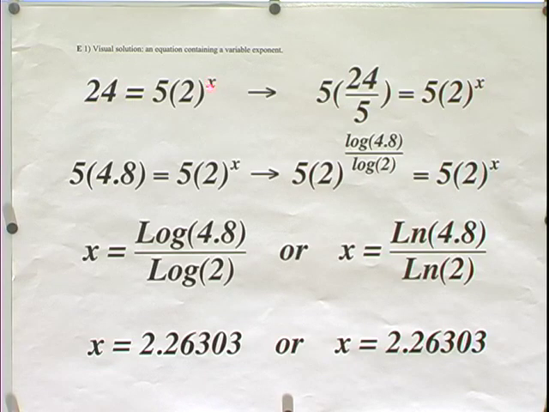So this exponent is going to be closer to 2 than it is to 3, and that's what we got. If you formulated in logarithms of the base e, which is what we use in scientific notation, logarithm of 4.8 to the base e, and then divide by the logarithm of 2 to the base e, you will get the same answer.